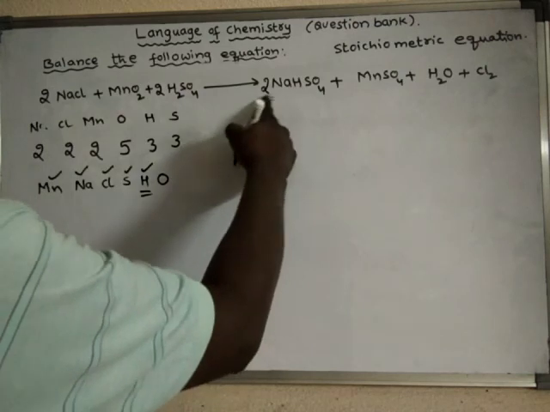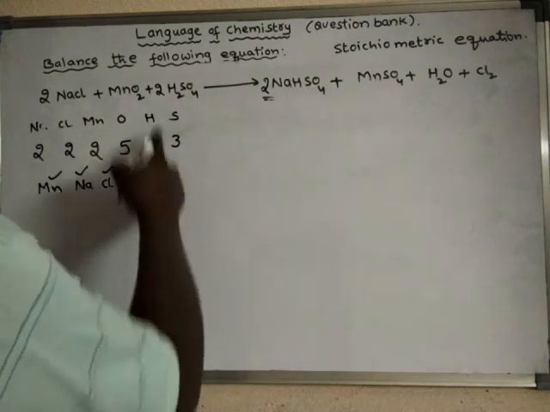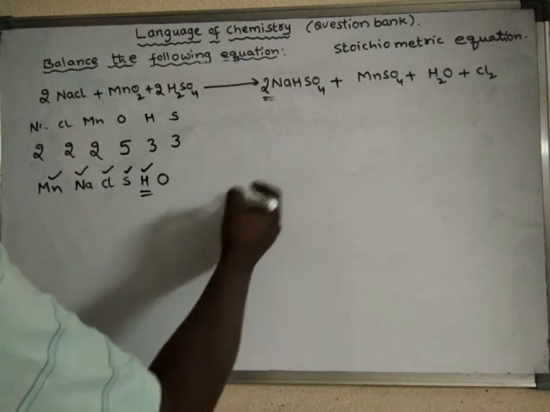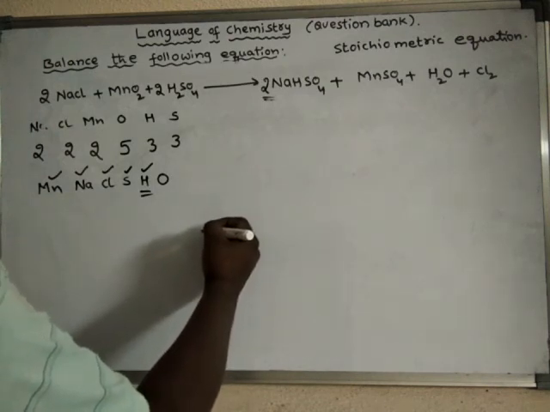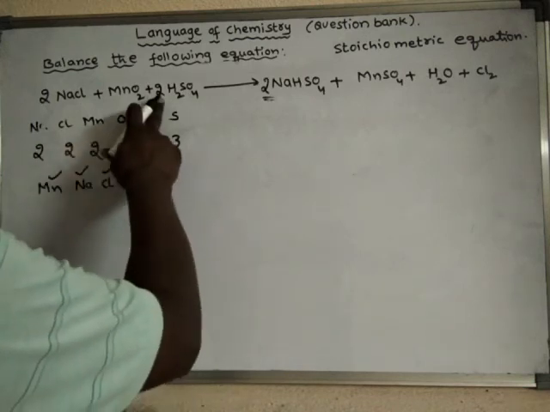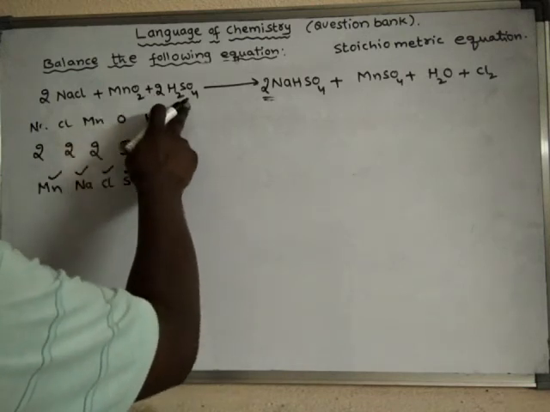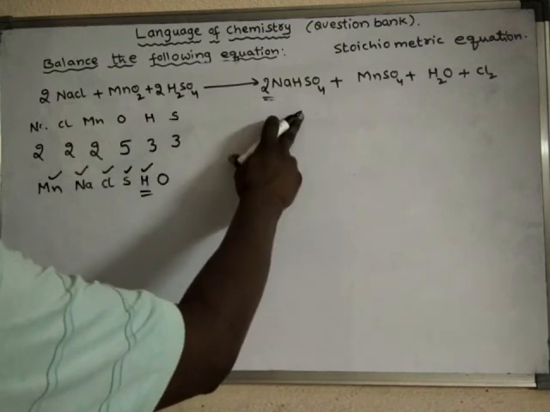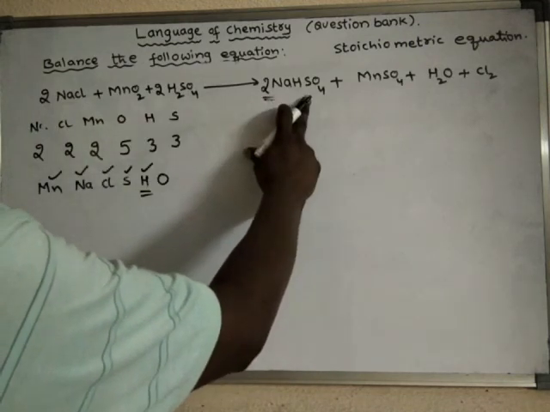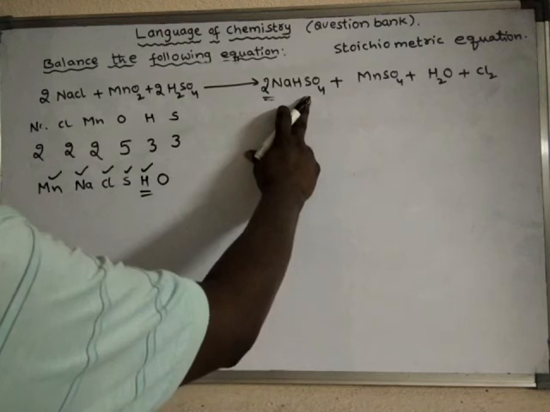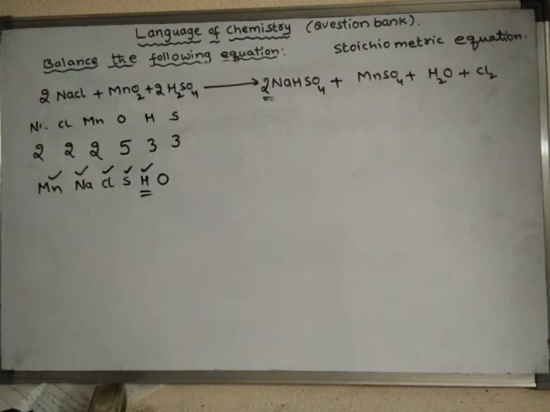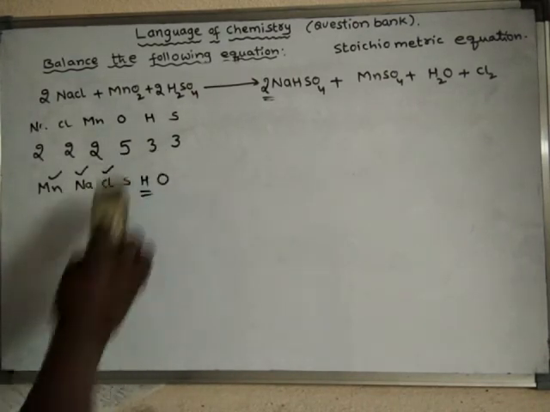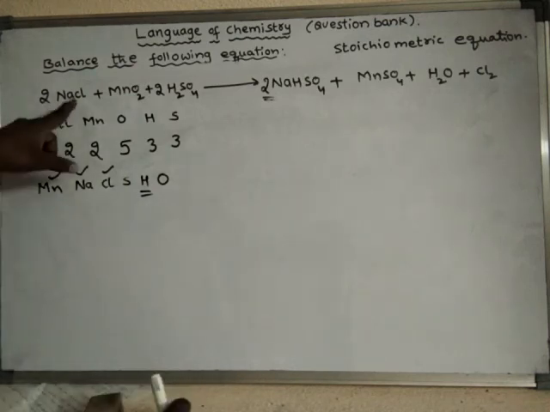So how many? 2 sulfurs, third sulfur. So if I keep sulfur, so up to chlorine.